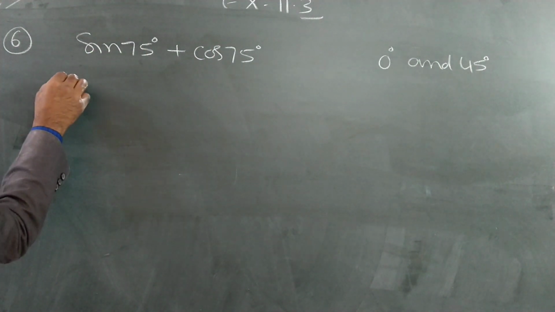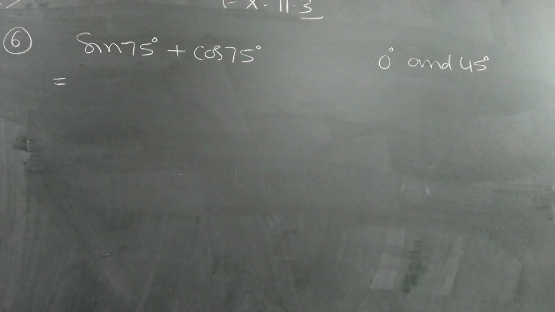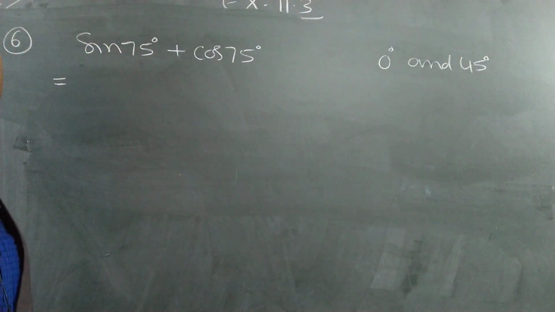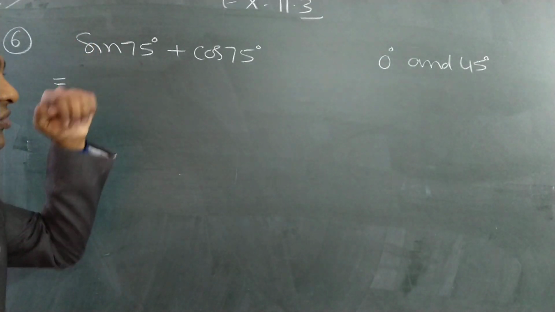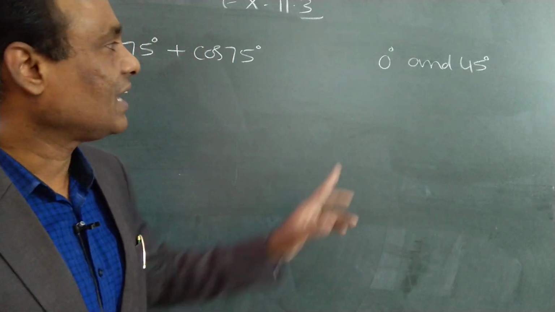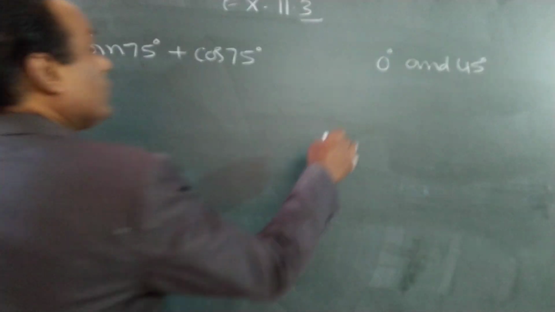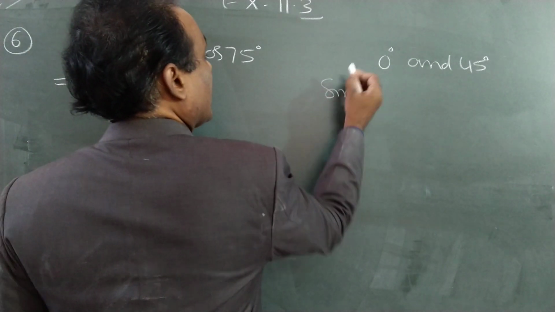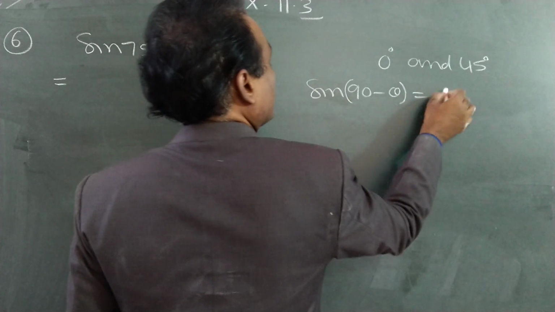See here. 75 should be changed to a smaller angle. That angle should be between 0 and 45. So we have this formula: sin 90 minus theta is cos theta.